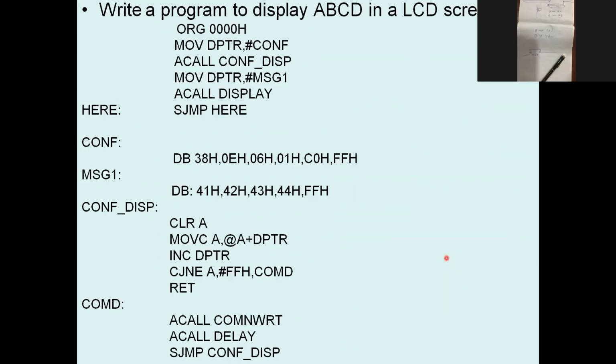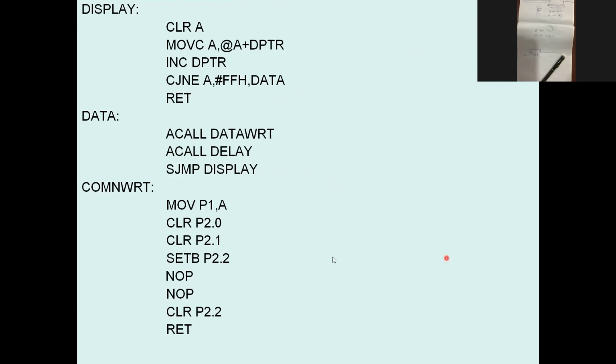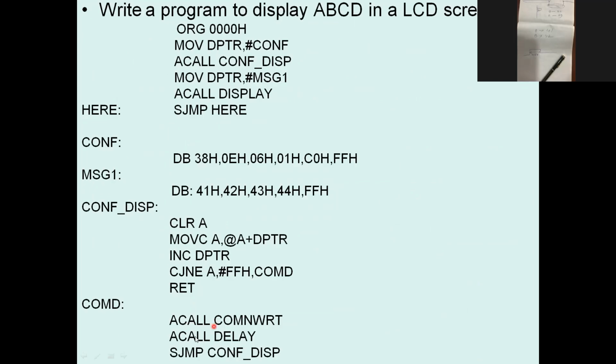So going into the details of the command word, CLR P2.0 and CLR P2.1 mean both are 0: RS is equal to 0 and RW is also 0. So this data will be entered after that. It returns from where it was called, returns to the call delay, then again returns to SJMP config display.